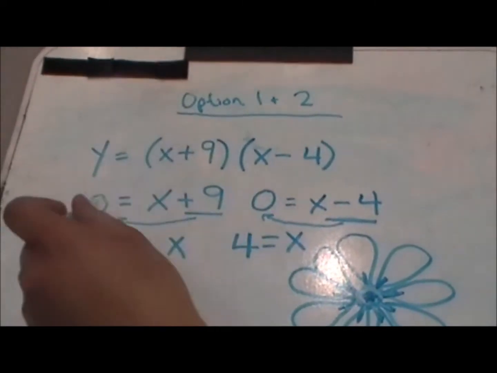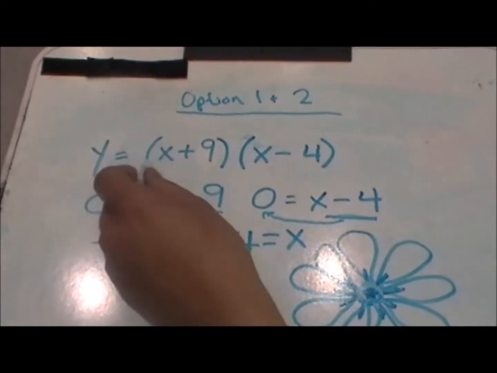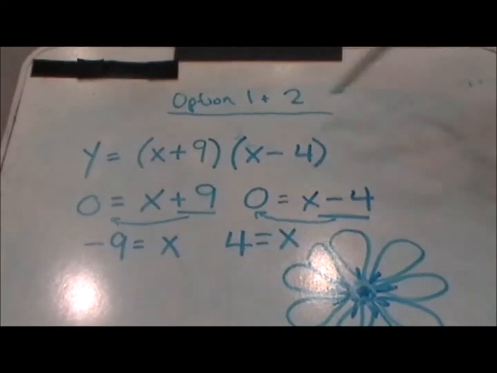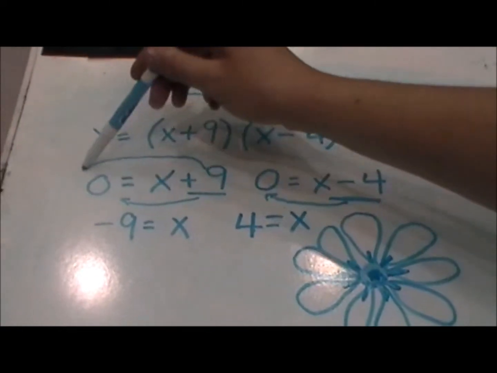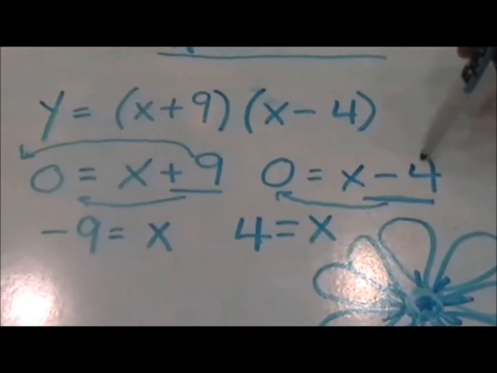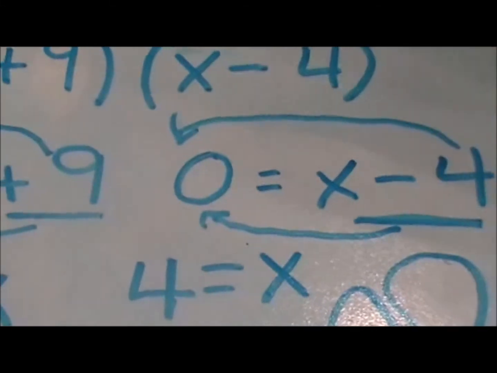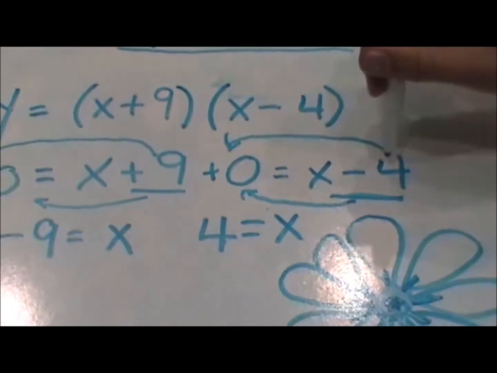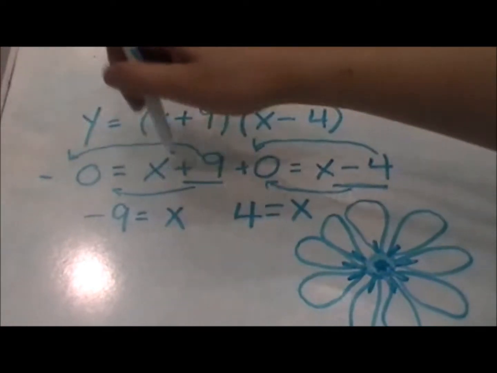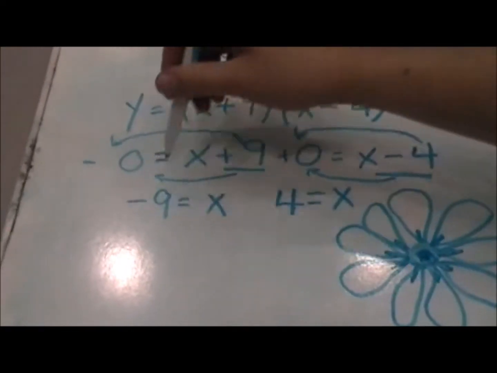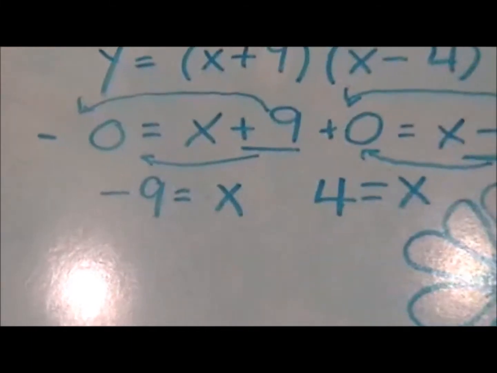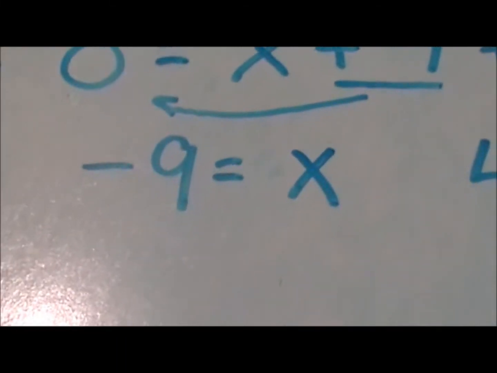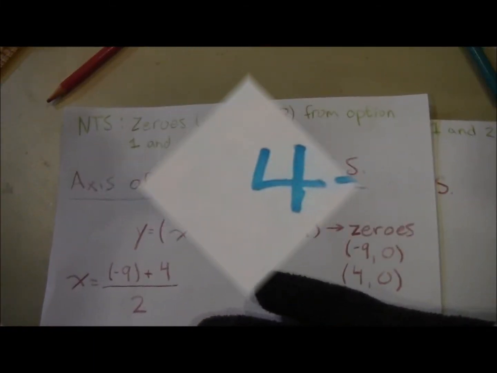So you make the equation equal to 0 and then put what's in the brackets, and then by just moving this over here and this over here and changing the signs, of course. So minus goes to plus and plus goes to minus, and then you would do minus 9 equals x because the 0 doesn't count. And we have a very nice flow.